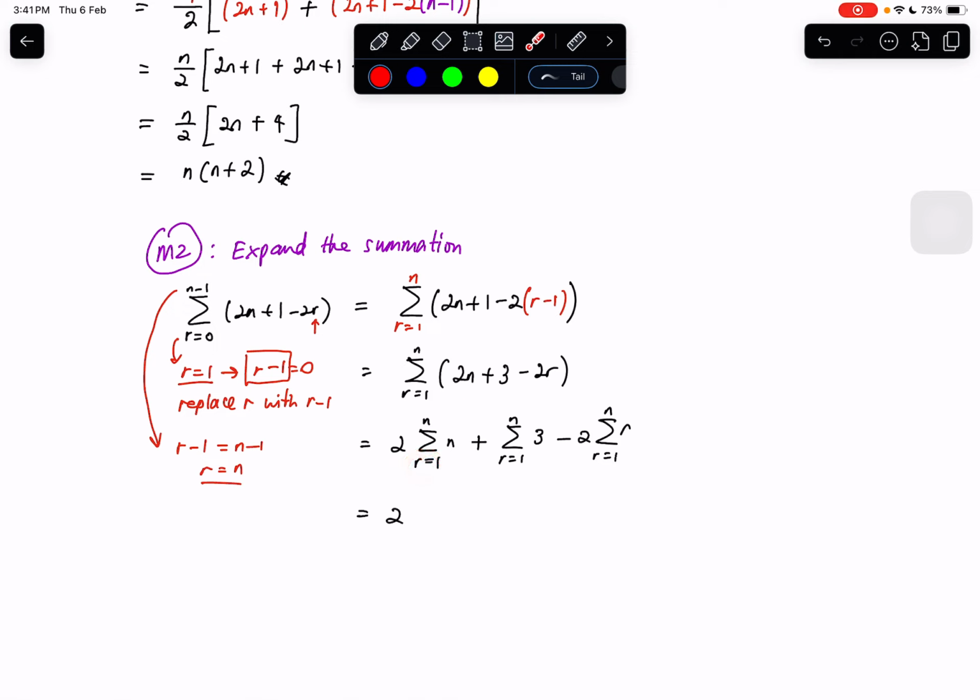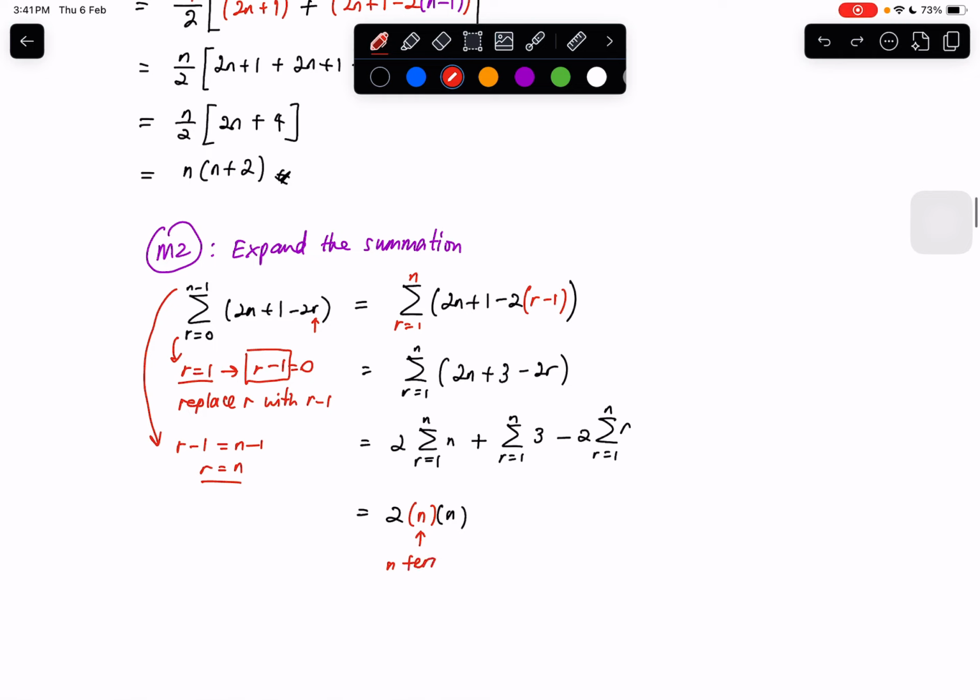Over here n is a constant, and we're adding n terms, so we are multiplying by this n times. This will be n times n. Similarly on the other side, we're adding 3 n times.